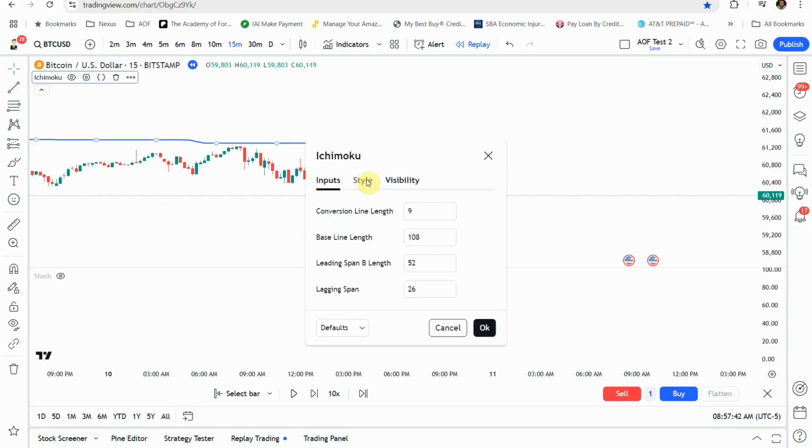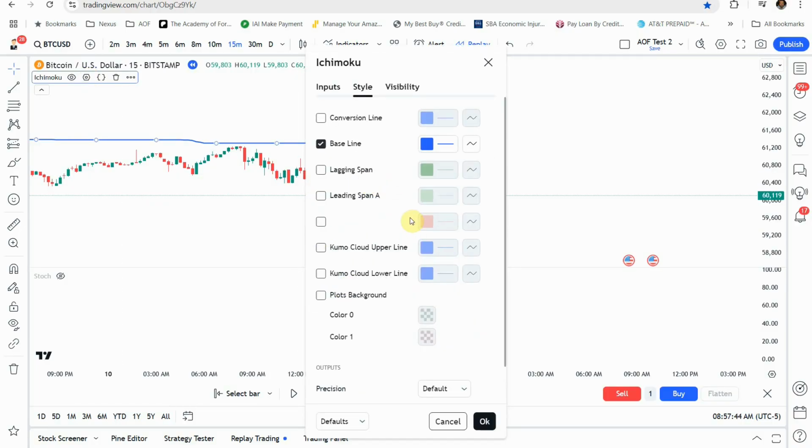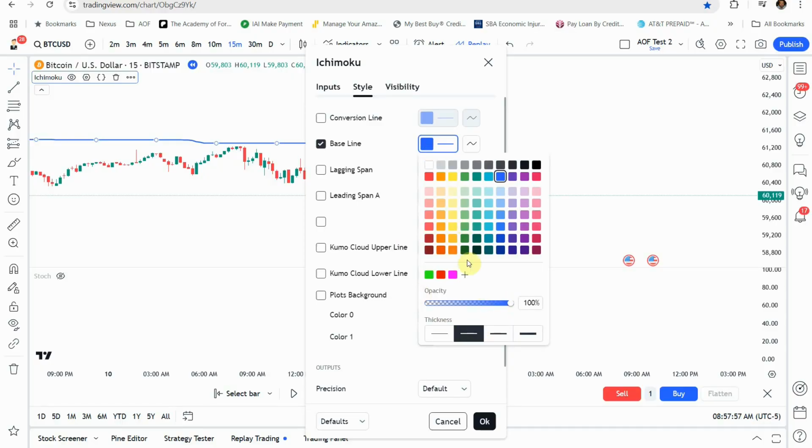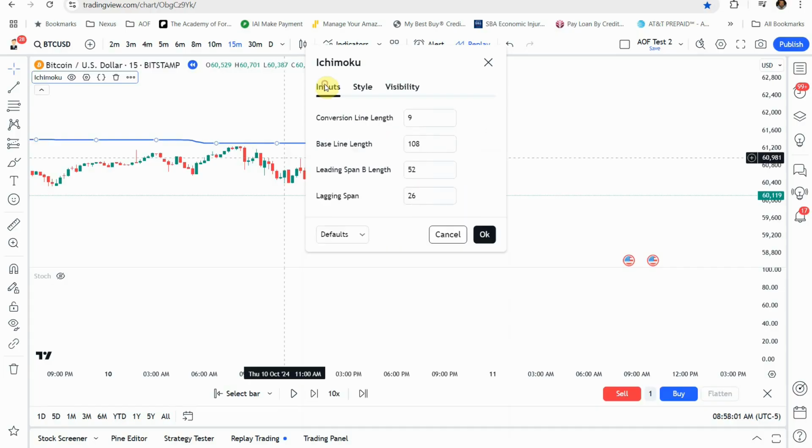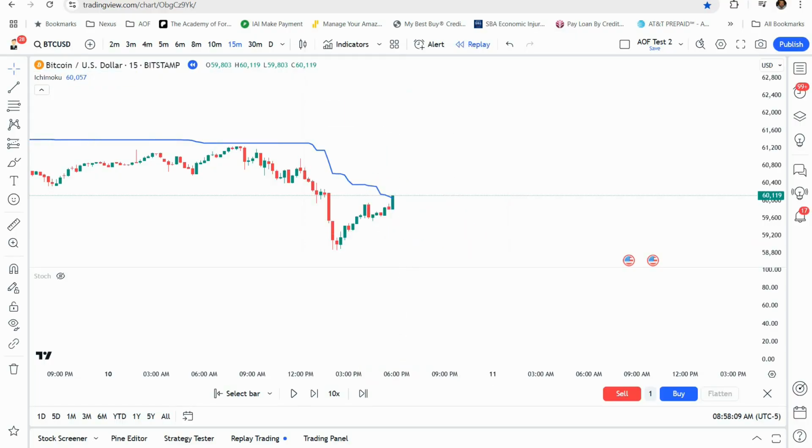And what you're going to want to do is go into the style, and you're going to uncheck all these selections in here except for the baseline selection here. And then you can make it whatever color you want and bump up the weight of it a little bit to make that line a little bit thicker. Then you're going to jump into the inputs and change the baseline length to 108 and click OK.